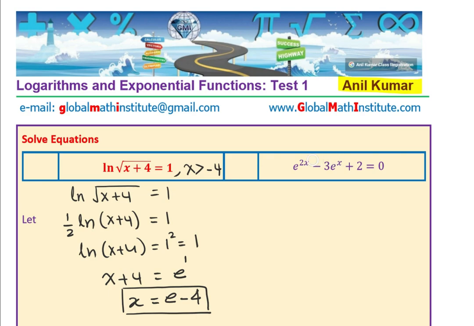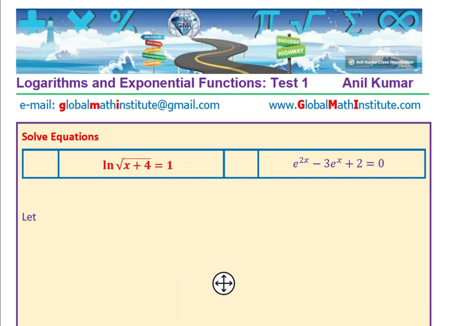Now let us see how we solve the second equation. So let's go to a new page to solve it. We are given e to the power of 2x minus 3 e to the power of x plus 2 equals 0. We can write e to the power of x as some other variable, and then solve it like a quadratic equation.